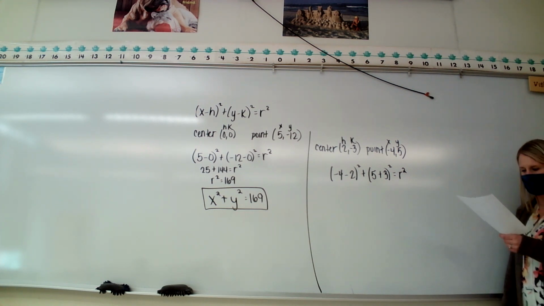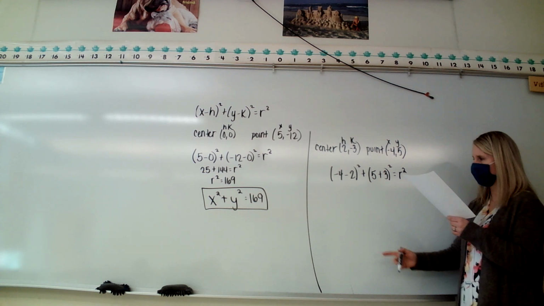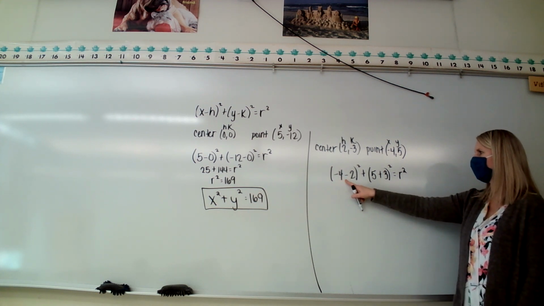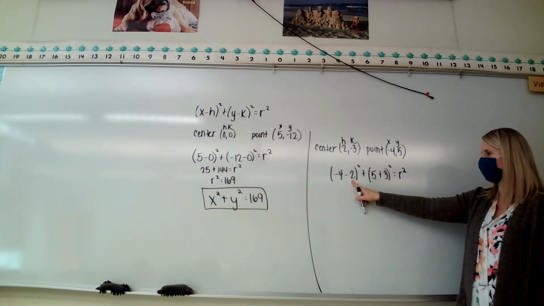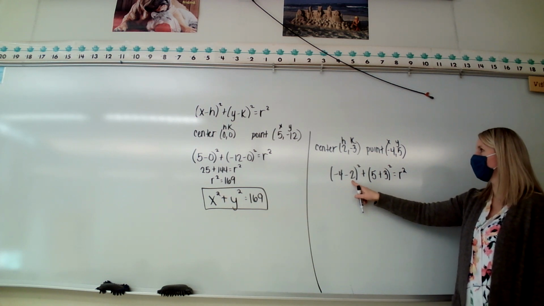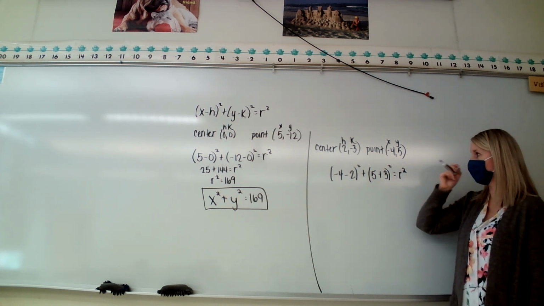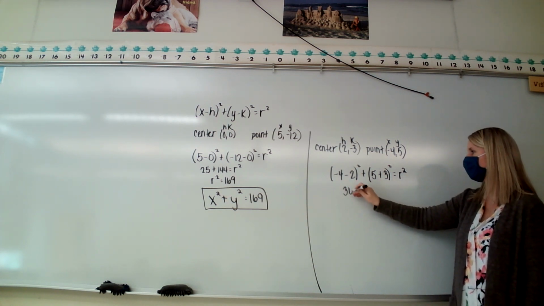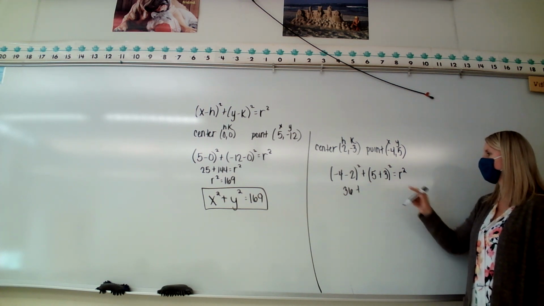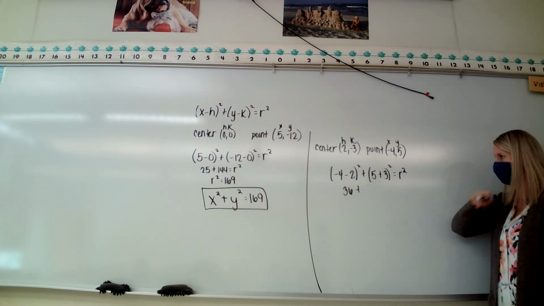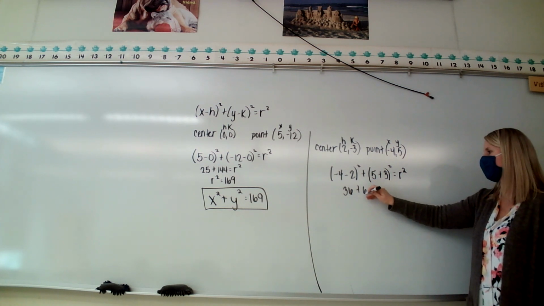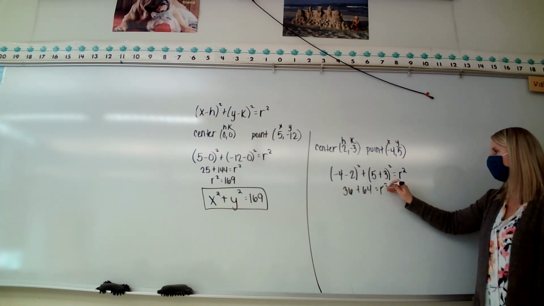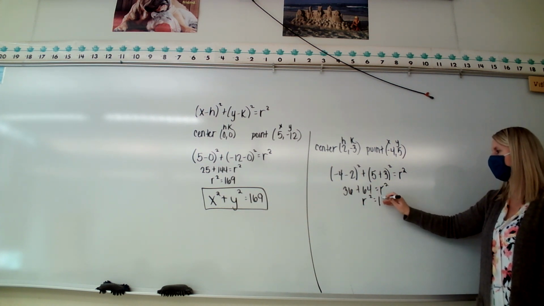But what do we get? -4 minus 2 is -6, squared is 36. 5 plus 3 is 8, squared is 64. So r squared would equal 100.